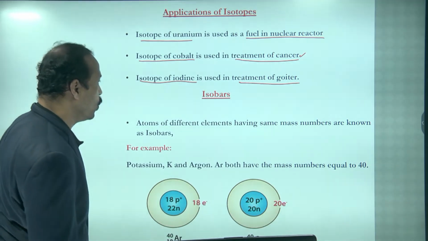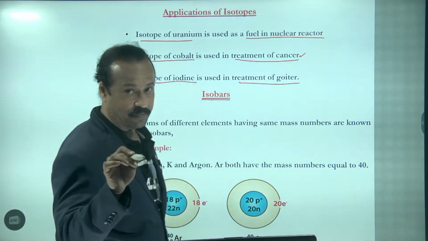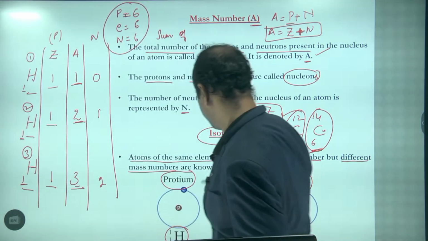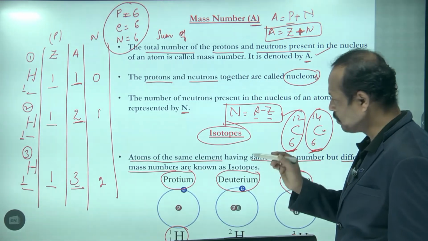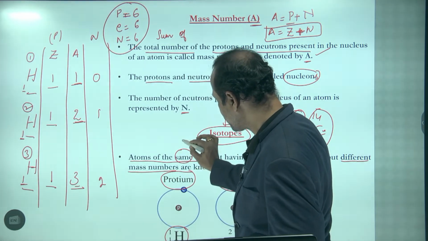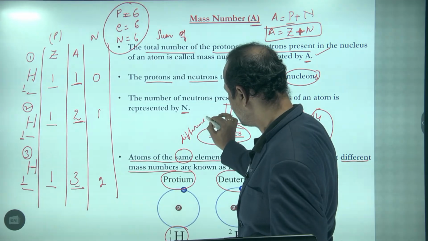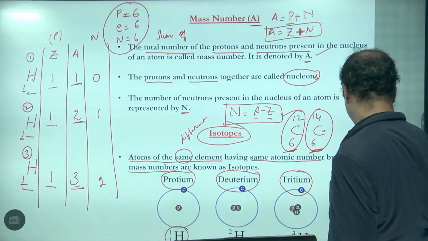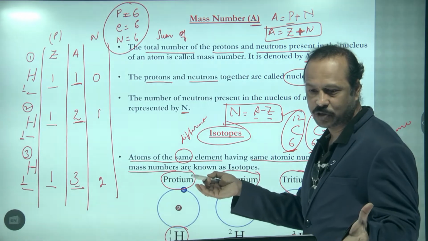Now the last and final topic is isobars. Isotope we studied. Isotope definition, what did I say? Atoms of the same element. So if you want the definition of isobar, just reverse it. Where the same word is there, make it different, and where the different is there, make it same, then that becomes the isobar definition.